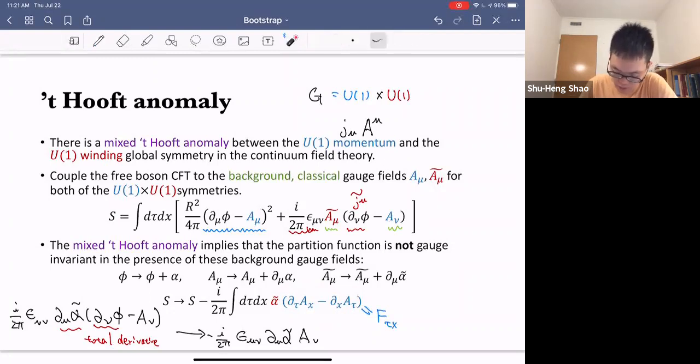So if we have a non-trivial background gauge field configuration for the momentum symmetry, then the winding gauge transformation is no longer invariant. This signals the mixed anomaly between the two. And you can convince yourself that no 1+1D local counterterm of A and A tilde can cancel this anomalous gauge transformation.